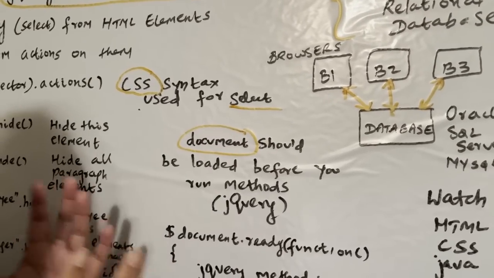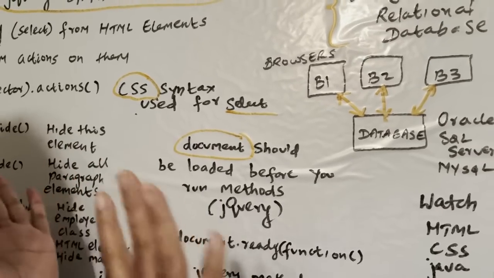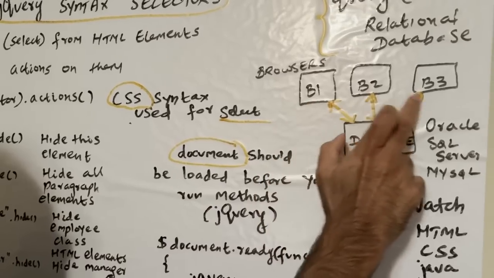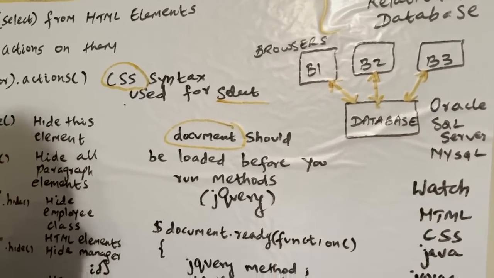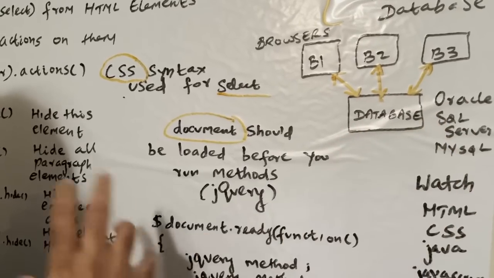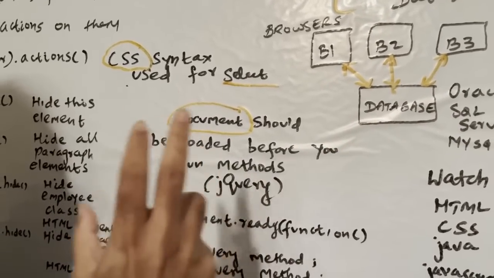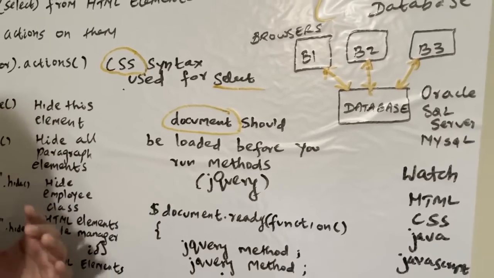But what to do with the data? We want to extract the data, select, display it on the screen, insert, update, delete. So all these browsers are maybe worldwide, in different places. I'm just saying it's just one database. A large company will have different databases like this. So you can imagine the ton of data that's handled every day, every second.